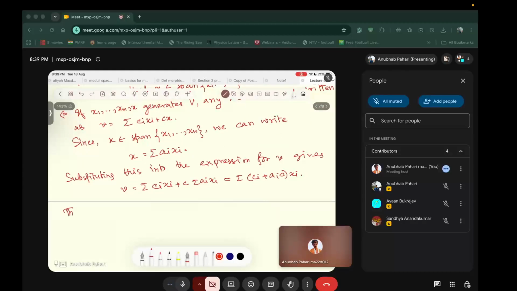Thus, any small v of capital V can be written using only small x1 up to small xn, showing they form a generating system.